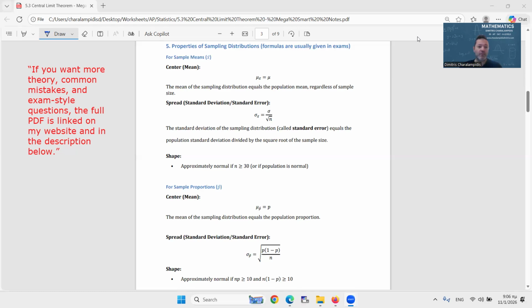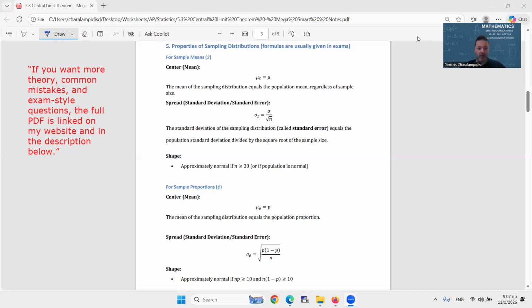Let's move on to the properties of sample distributions for sample proportions. And let's begin again with the center. The mean of the sample distribution of the sample proportion will also be equal to the population proportion itself, exactly like in the sample distributions for sample means.